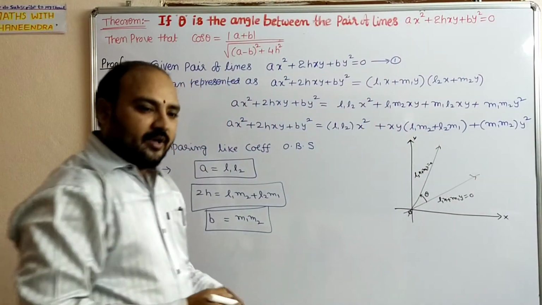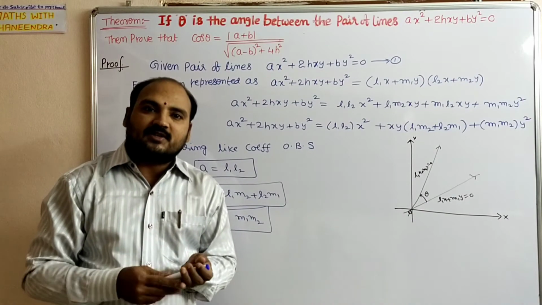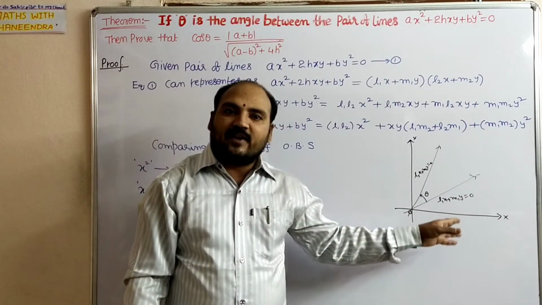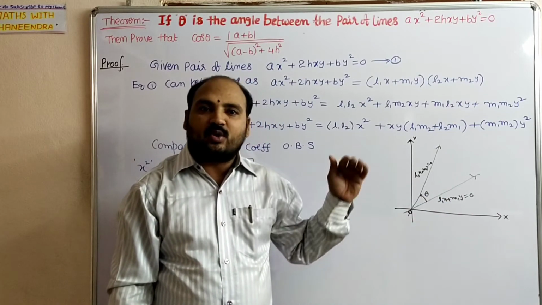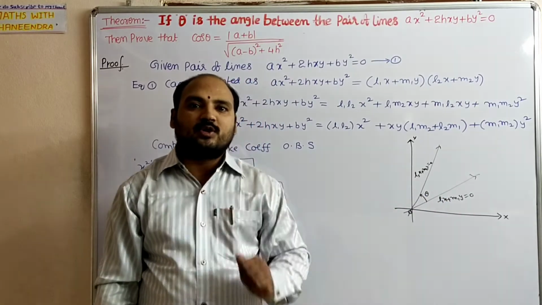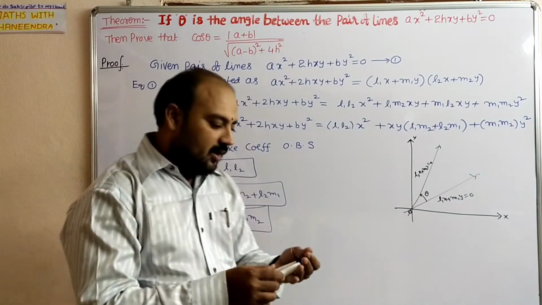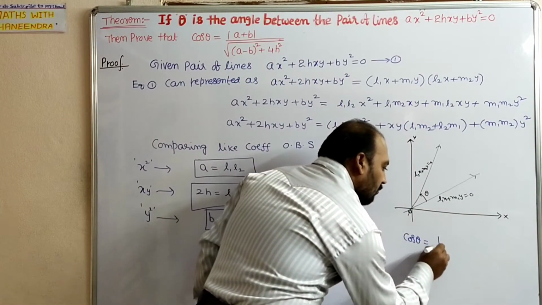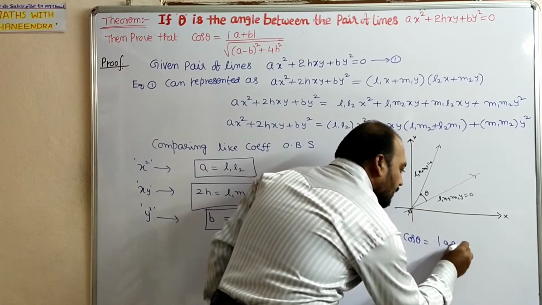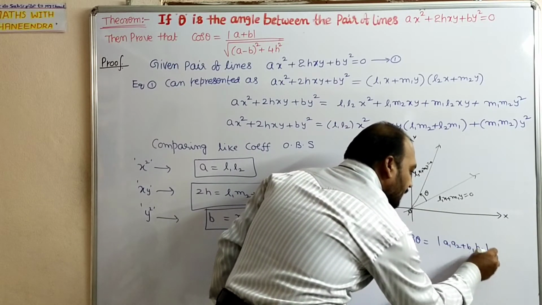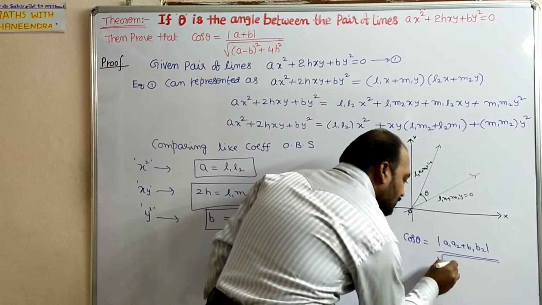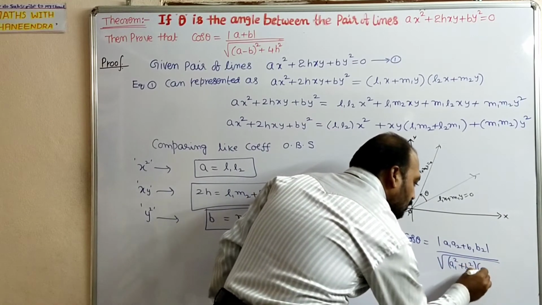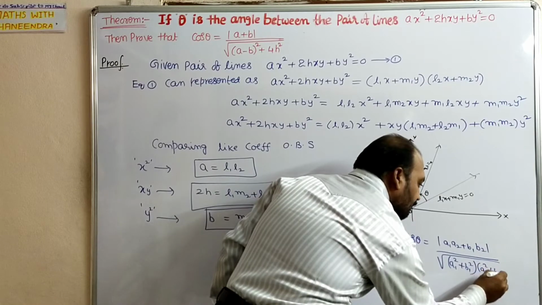In the straight line chapter we discussed that if theta is the angle between the lines a1x plus b1y plus c1 equal to 0 and a2x plus b2y plus c2 equal to 0, then we have the formula cos theta equal to mod of a1 a2 plus b1 b2 divided by the square root of (a1 square plus b1 square) into (a2 square plus b2 square).